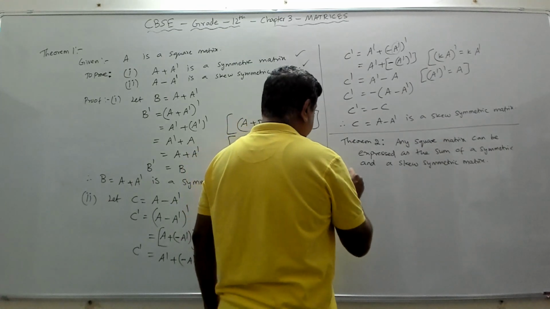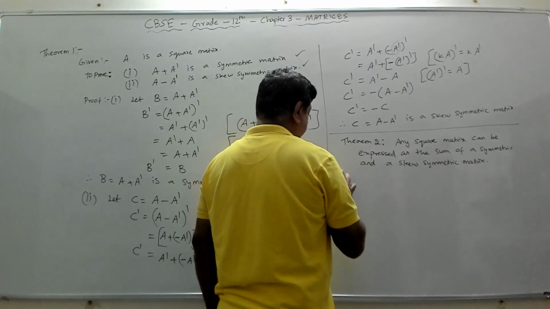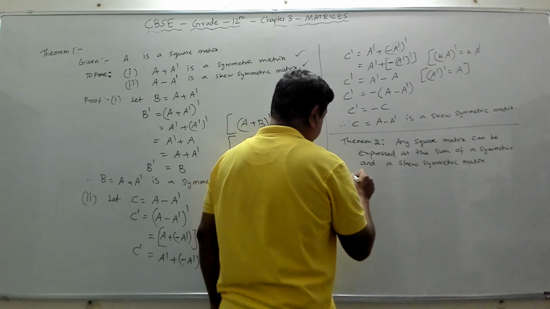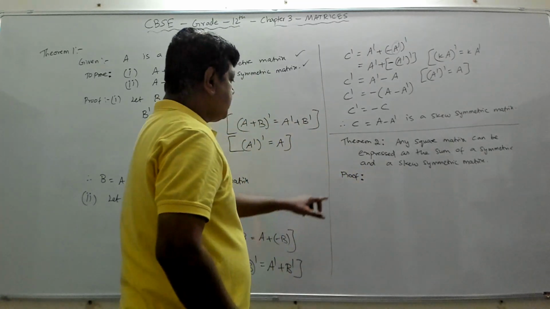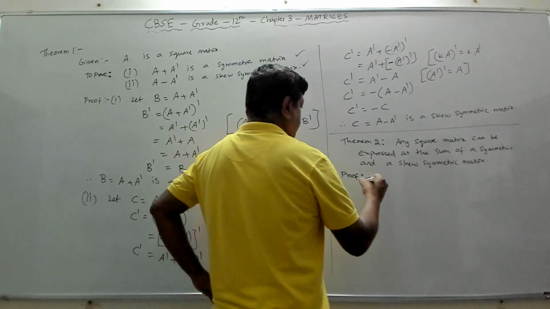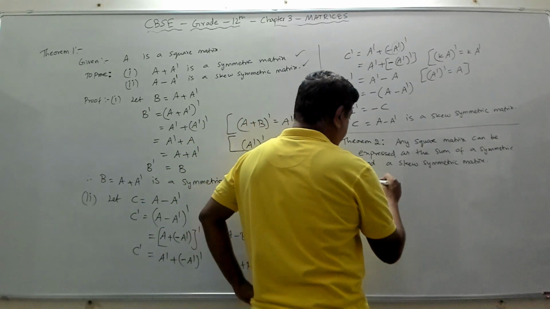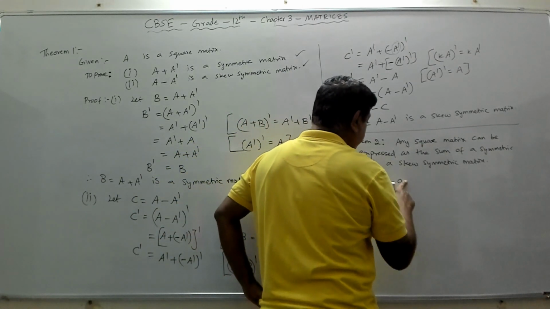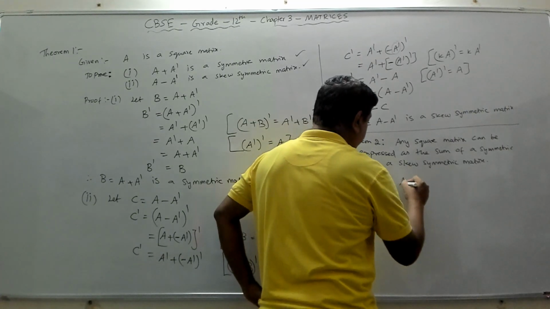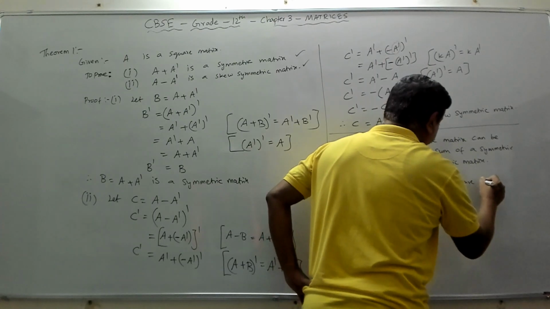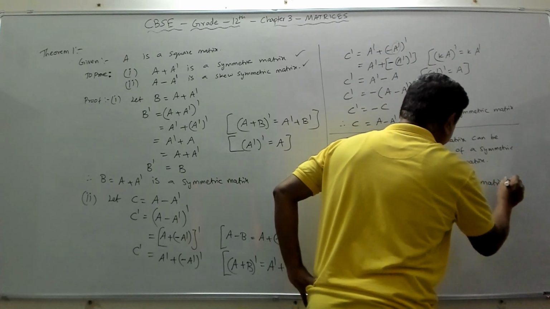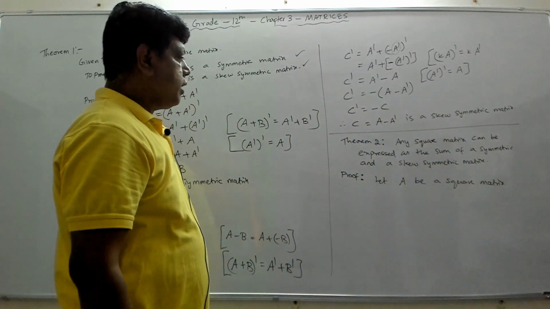So the proof for this is that, suppose you take a matrix, so let A be a square matrix.